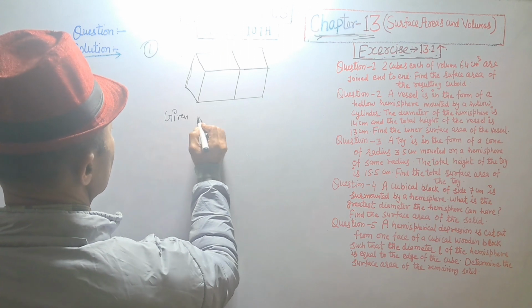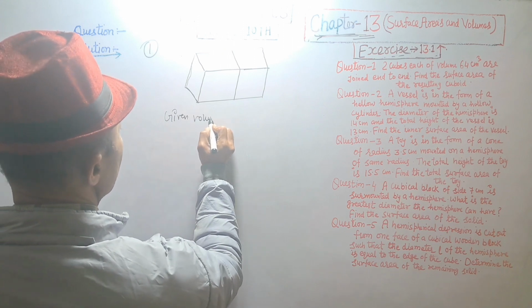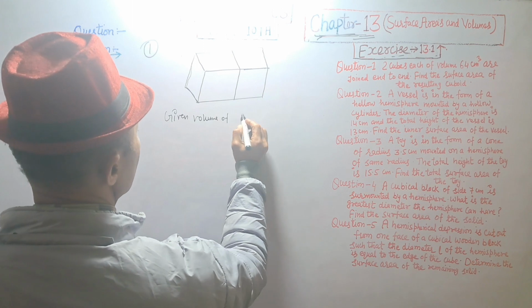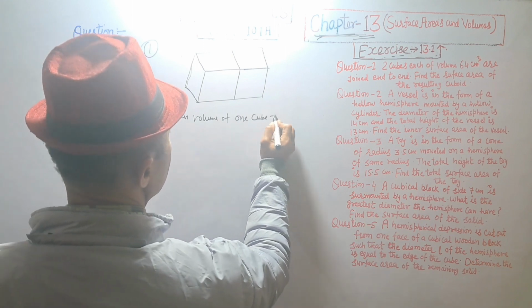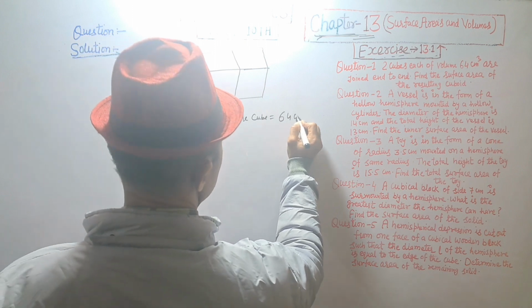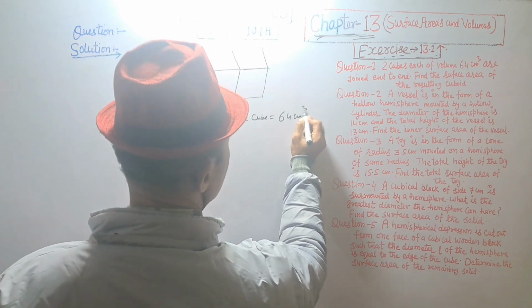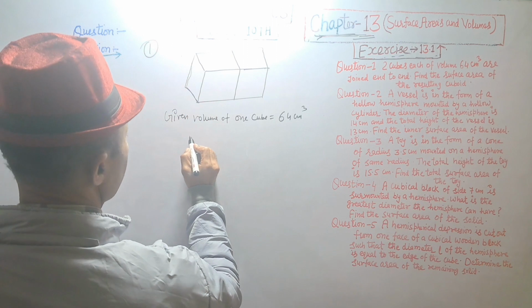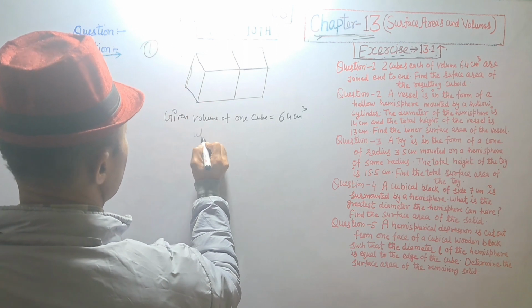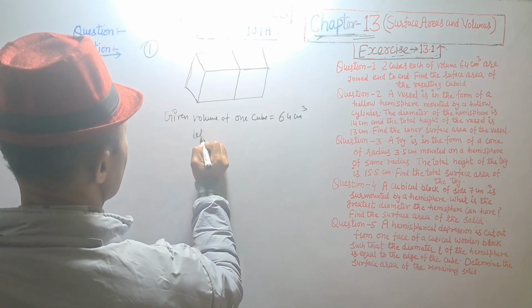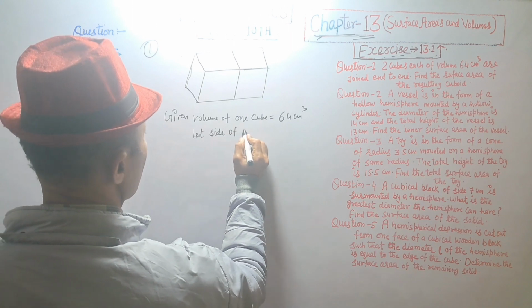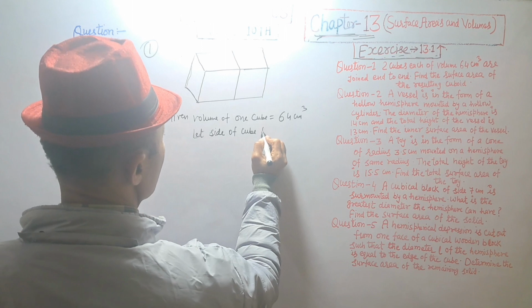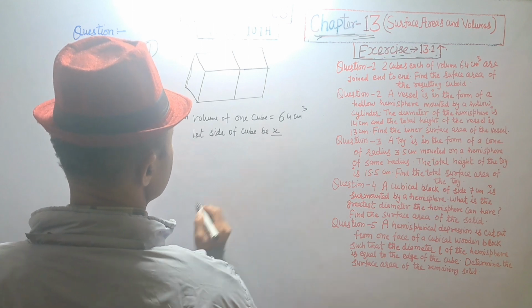Given volume of one cube is equal to 64 centimeter cube. Let side of cube be x.